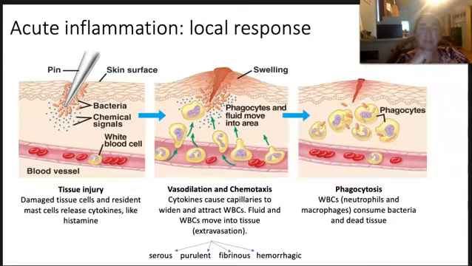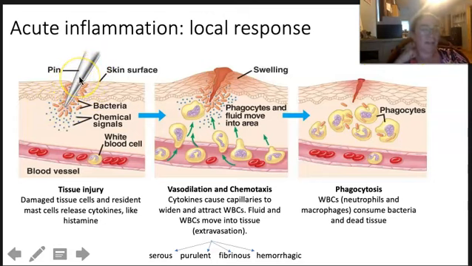So acute inflammation is the inflammation that happens immediately. Acute is a medical term that means pretty severe and rapid onset. So if you got injured by maybe getting stuck by a pin, all right, that pin from the environment will contain bacteria.